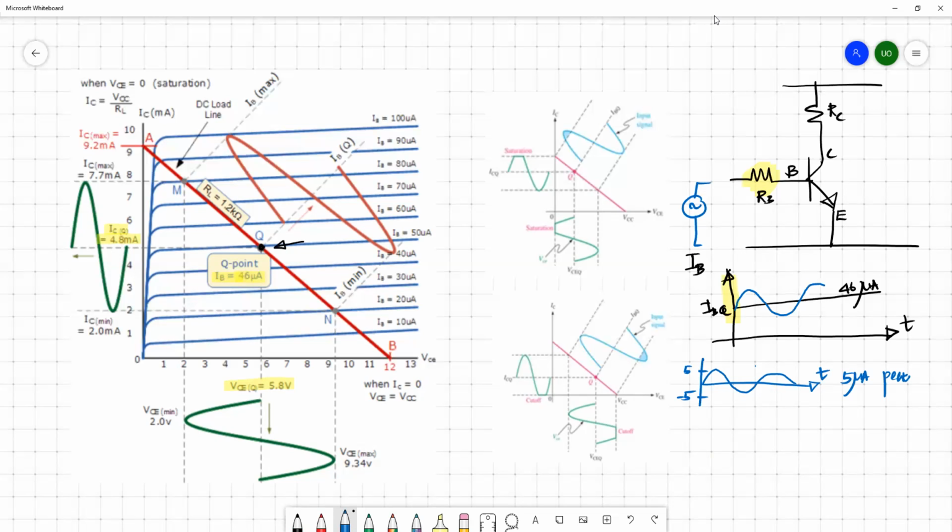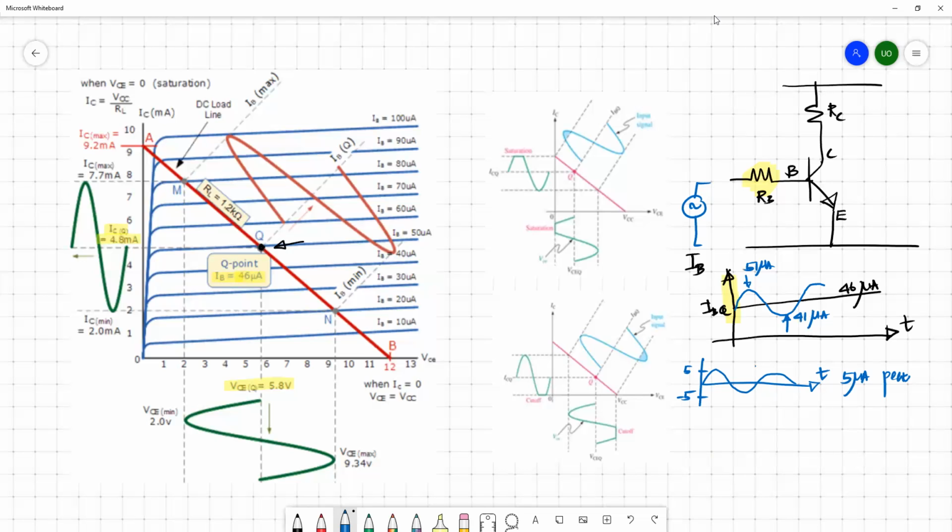The peak here would be 46 plus 5, which is 51 micro, and the minimum would be 41 micro. Instead of this flat DC current of 46 microamperes, we have a sinusoidally varying signal having a peak of 51 micro and a minimum of 41 micro. So the base current oscillates between 51 and 41.